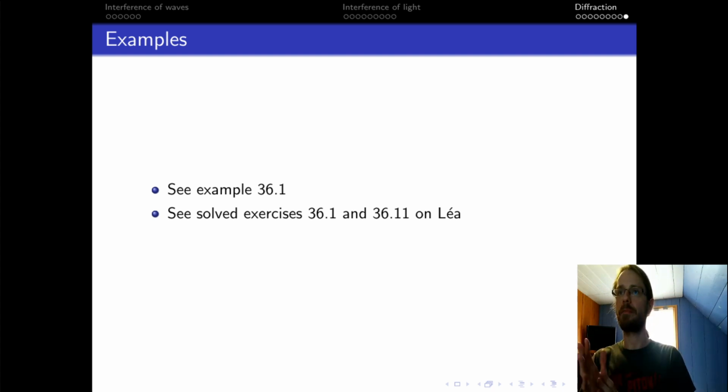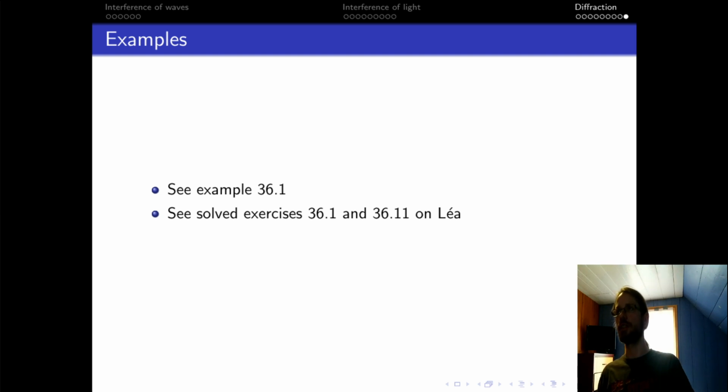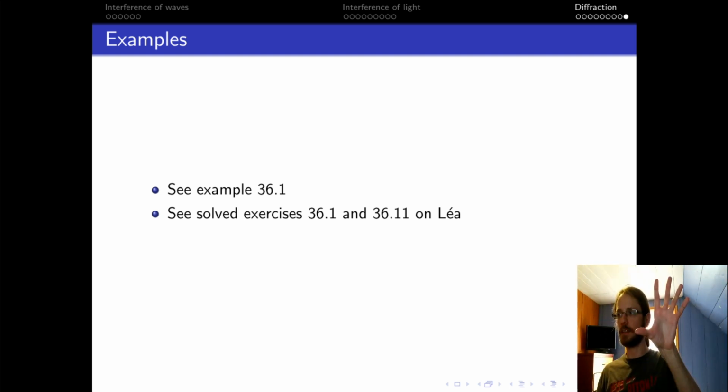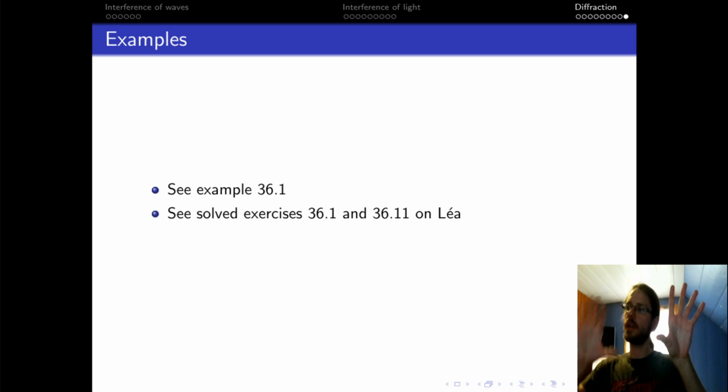In the meantime, what you can expect from next week. This week, we studied first the interference created by two very thin slits, first on its own. Then we studied the diffraction due to the interference of the wave created by all of the sources inside of a single slit.